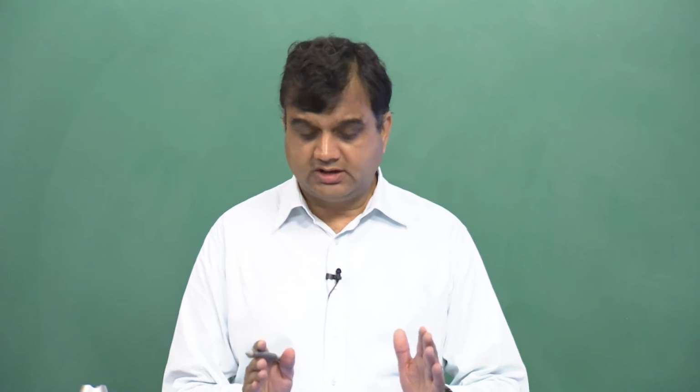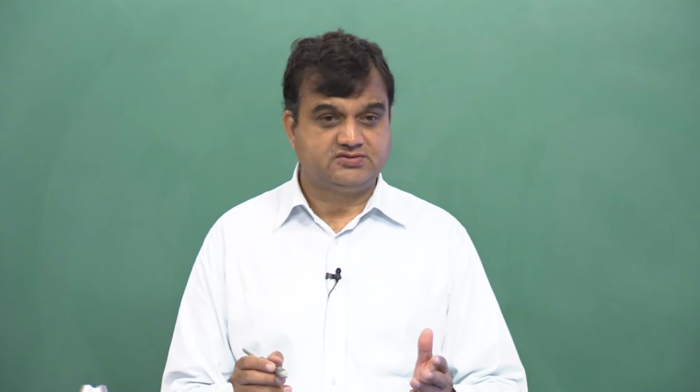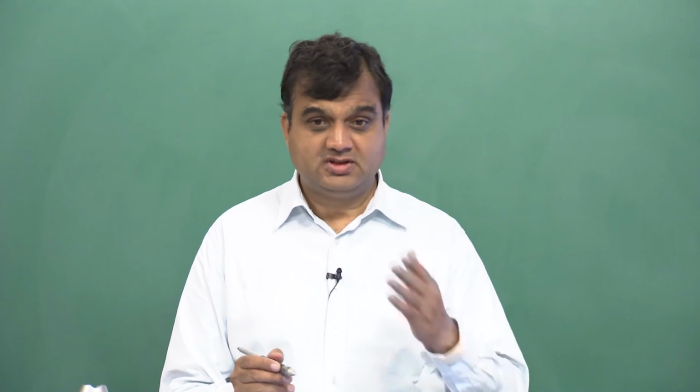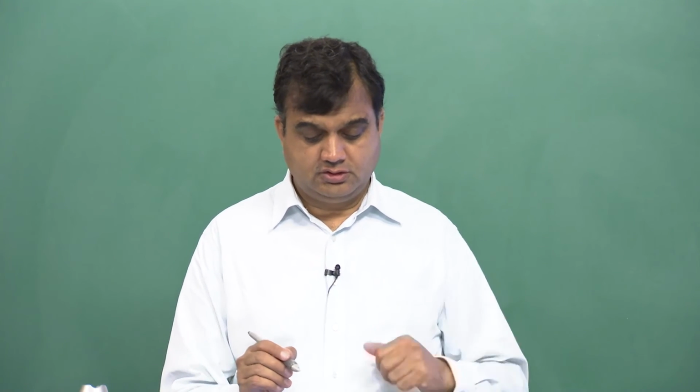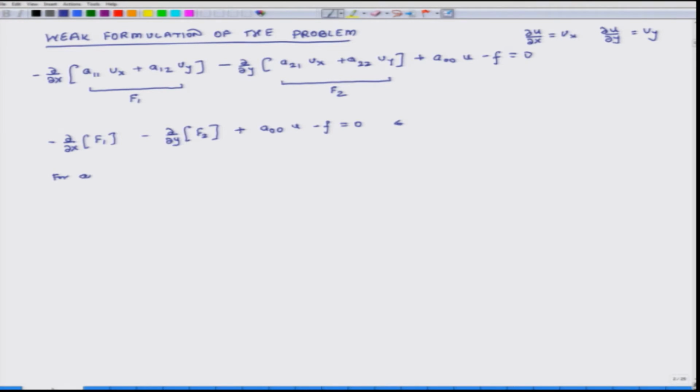Now, when we are talking about approximate solutions such as finite element analysis, this error is not going to be 0. For approximate solutions, the left hand side is not necessarily equal to 0, and that introduces an error in the equation.